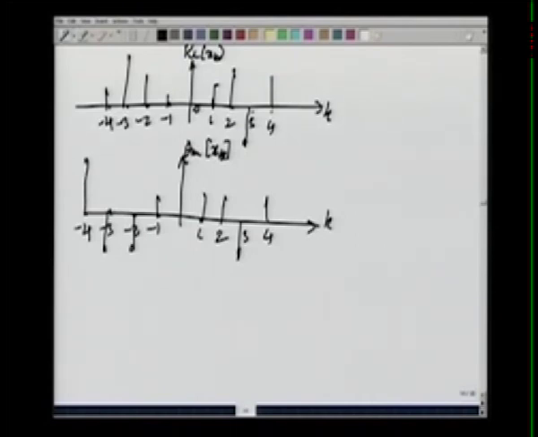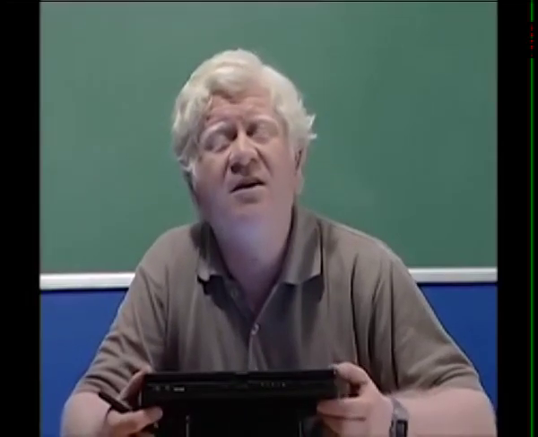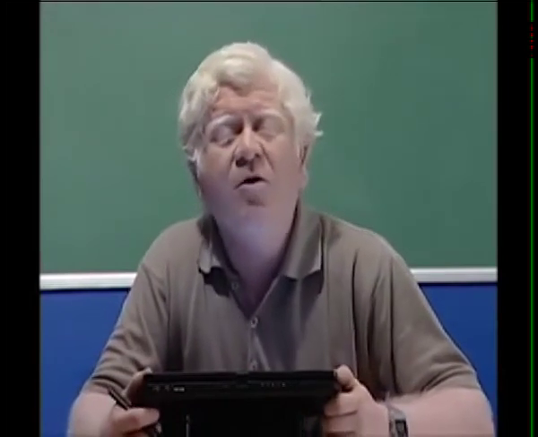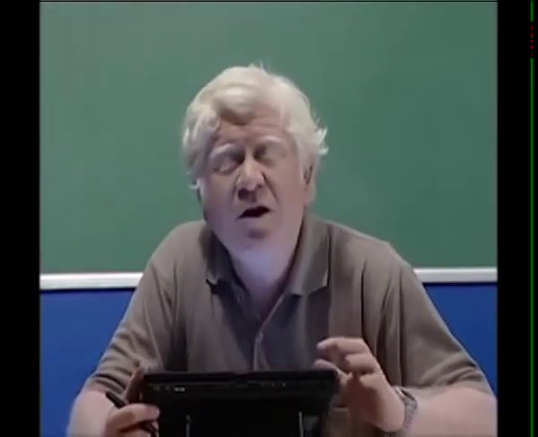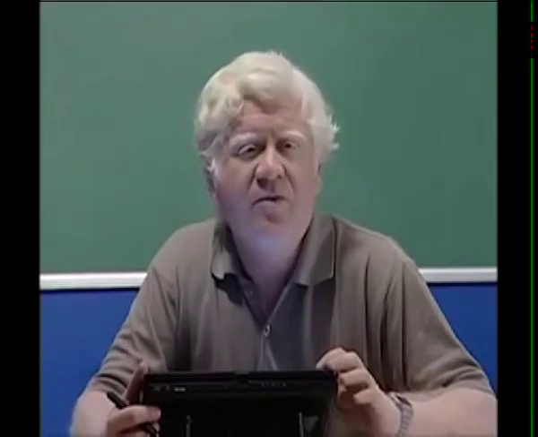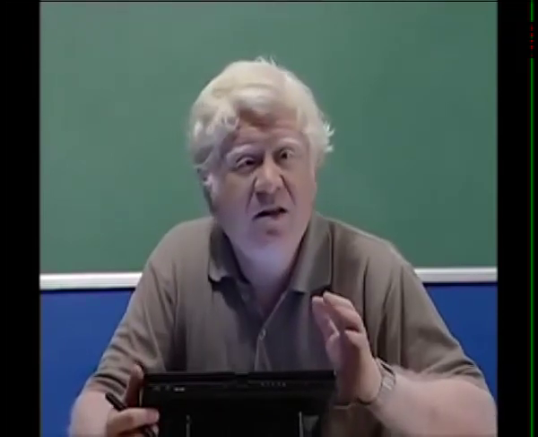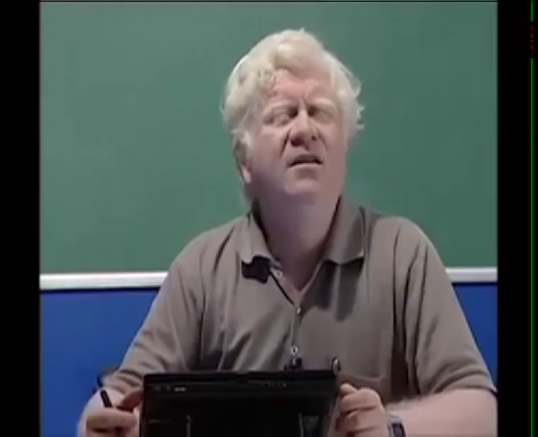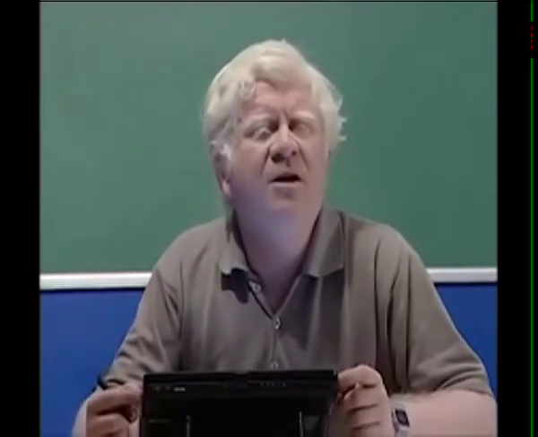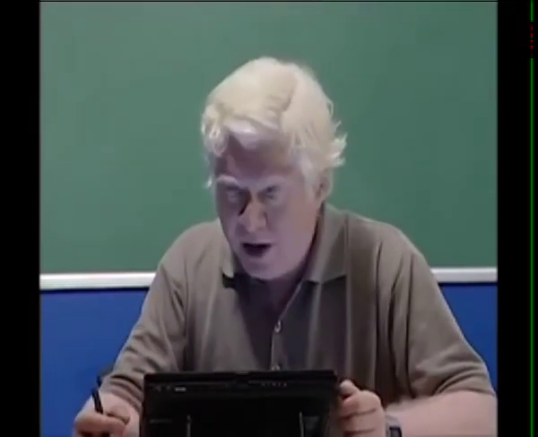So, you need two plots to completely describe these, and these are essentially discrete plots. The sort of plots you would make for a discrete time signal, you are making them for the Fourier series representation. It is a discrete sequence indexed by k, k going from minus infinity to infinity.